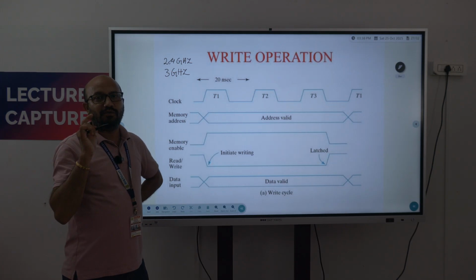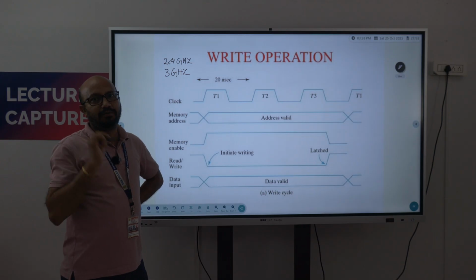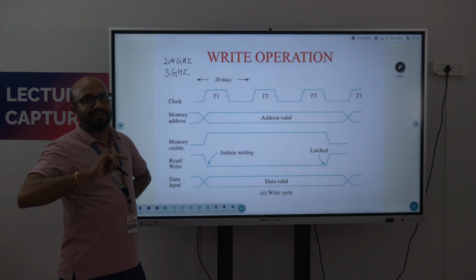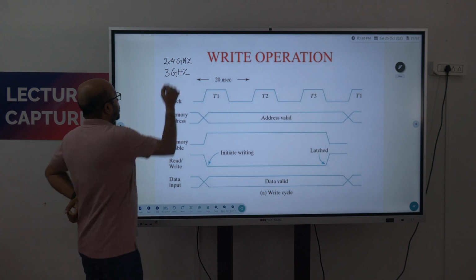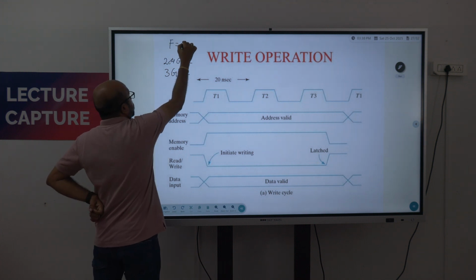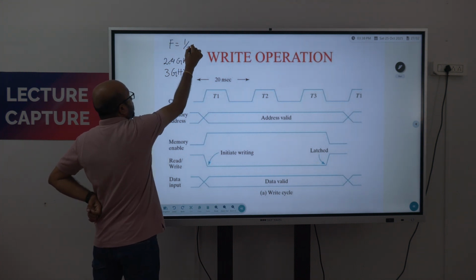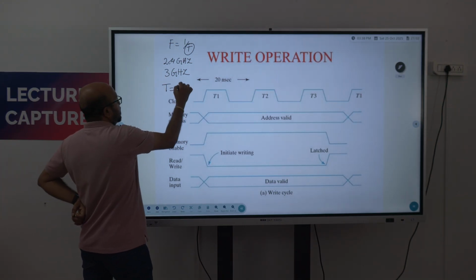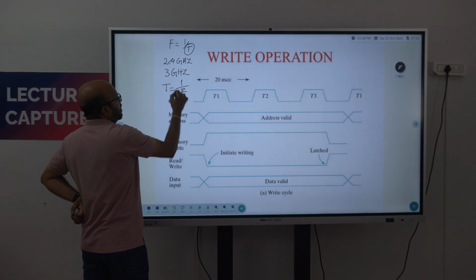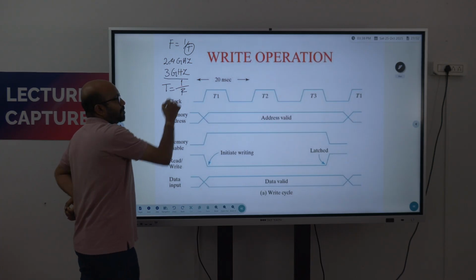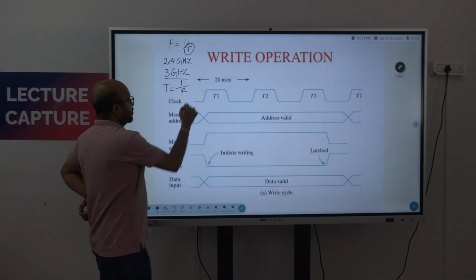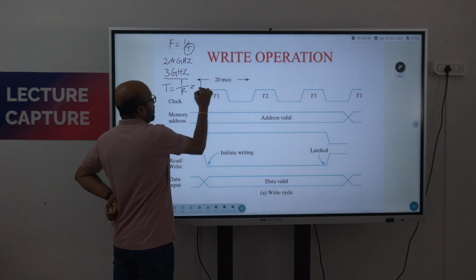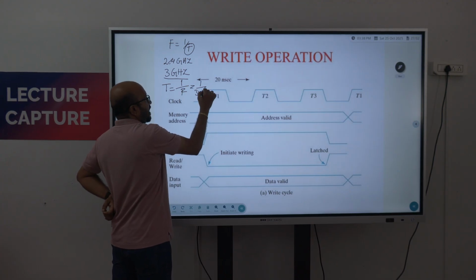What is the relation between time and frequency? Frequency is inversely proportional to time. F is equal to 1 divided by t. So we need to know t, right? How to convert? T is equal to 1 divided by f. So here we can take the speed as 3 gigahertz. So t is equal to 1 divided by 3 giga, meaning 10 to the power 9.